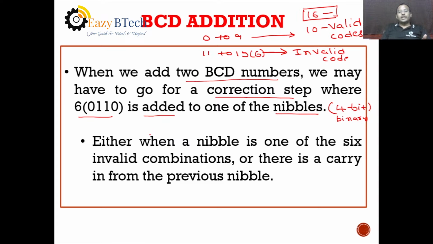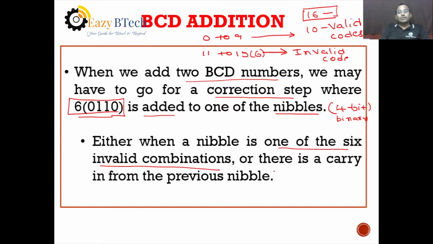So when do we have to add 6? There are two cases. One is if the result is one of the 6 invalid combinations, then we have to add 6.